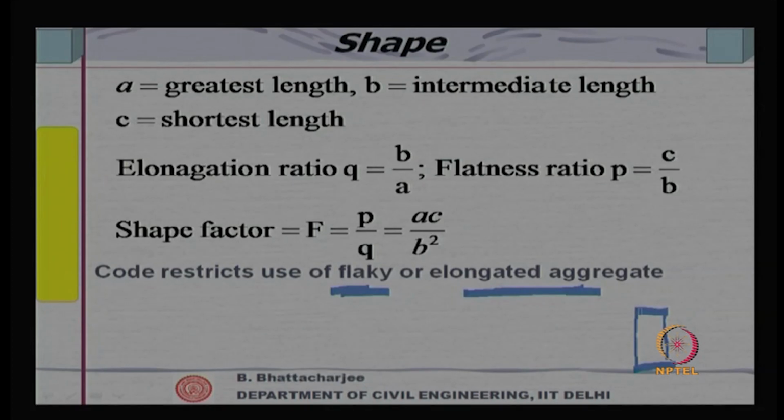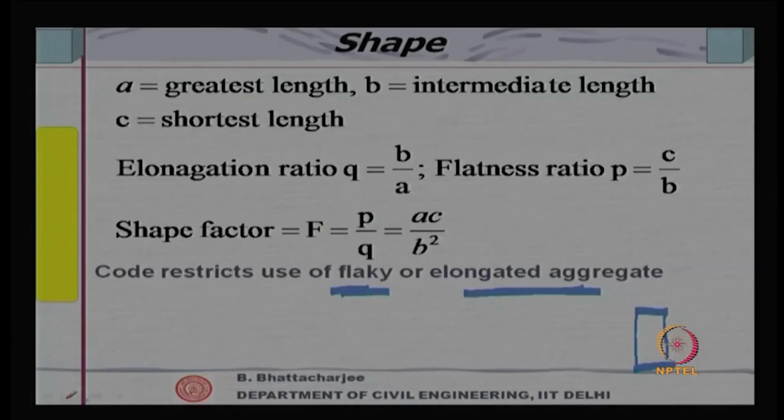Flaky aggregates, one plate over another, will tend to create weak joints in between, right. We want in fact the aggregate to be randomly embedded in paste. Here, one aggregate might be just over another aggregate and weak planes could be created. So, flaky or elongated aggregates are not desirable.